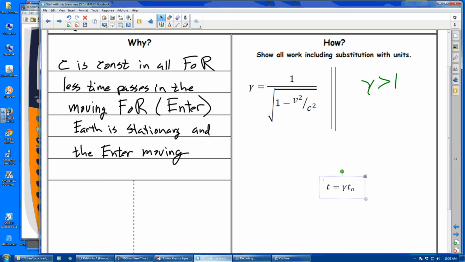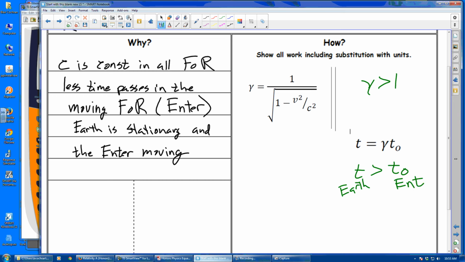And what that means is that t is greater than t naught. So this is time on the Earth, and this is time on the Enterprise in this case. Right?